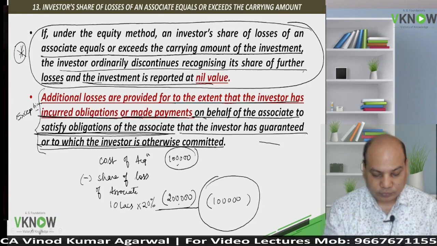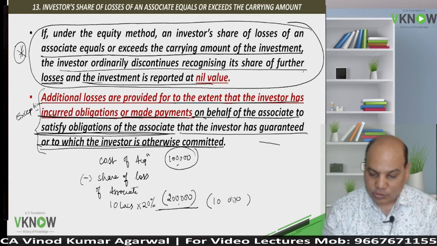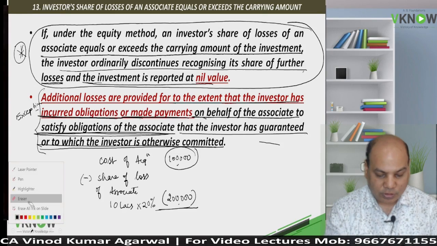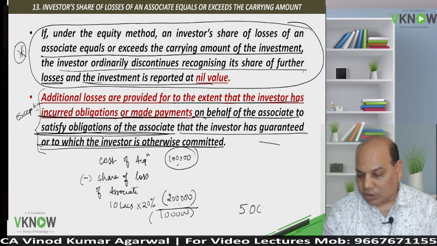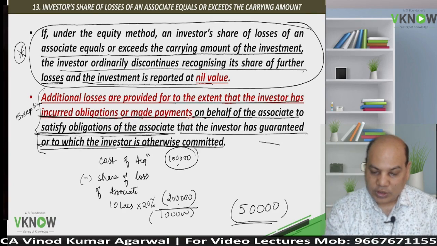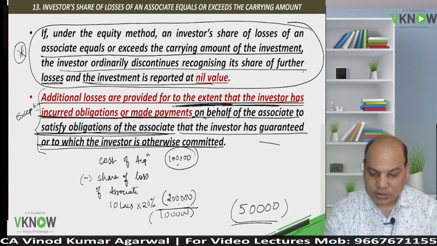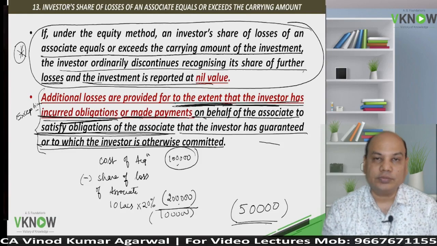Suppose the guarantee was given only up to 50,000 rupees, then even though my answer is negative 1 lakh, in the outer column we are going to record only 50,000, to the extent the investor has incurred obligation.